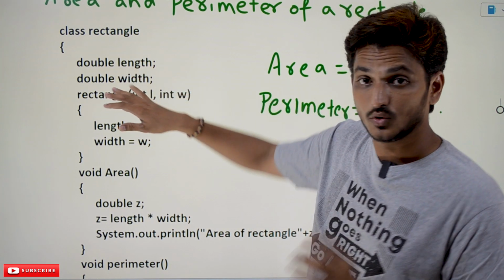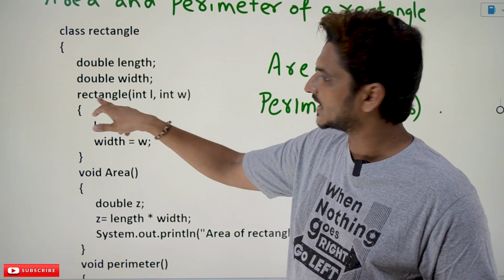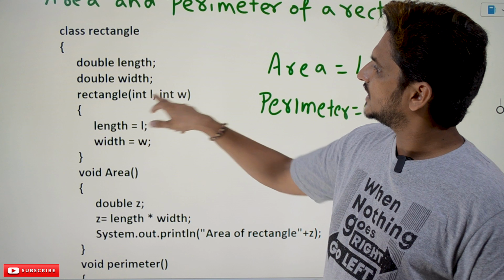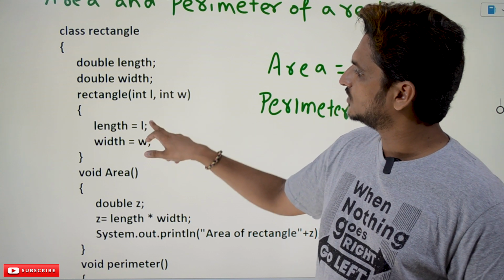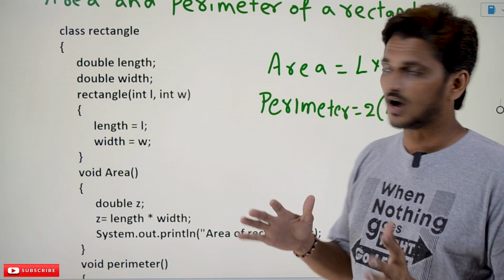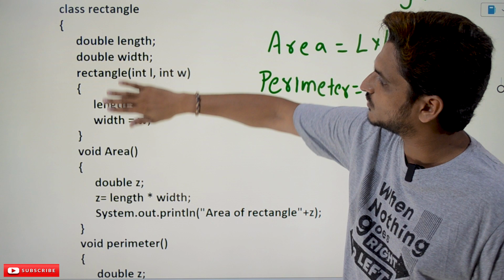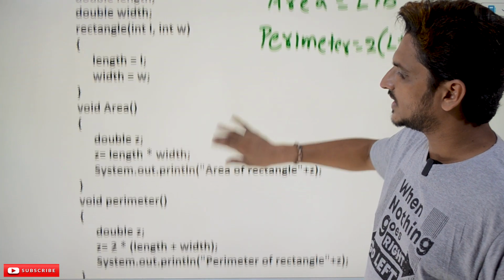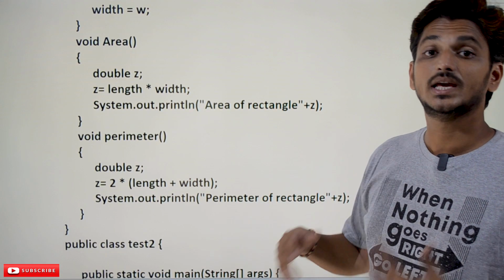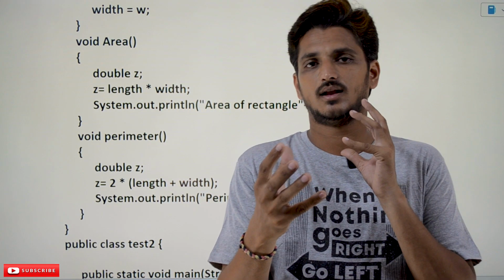So in order to initialize the instance variables, we are defining a Rectangle constructor: int L, int W, and L and W are assigned to length and width. This is how we designed a class Rectangle, which has two instance variables, one constructor, an area method and a perimeter method. We designed a blueprint for a rectangle.